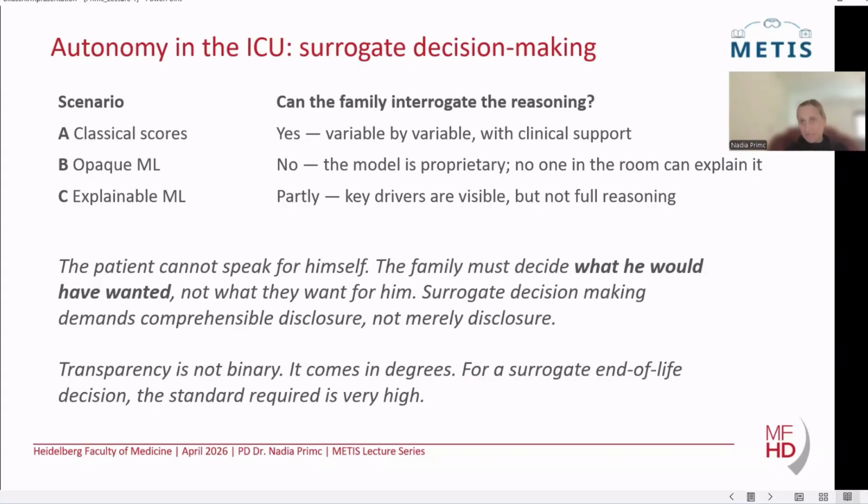What matters ethically is whether the degree of transparency available is sufficient for the specific decisions being made. For a surrogate end-of-life decision, that standard in general is very, very high.